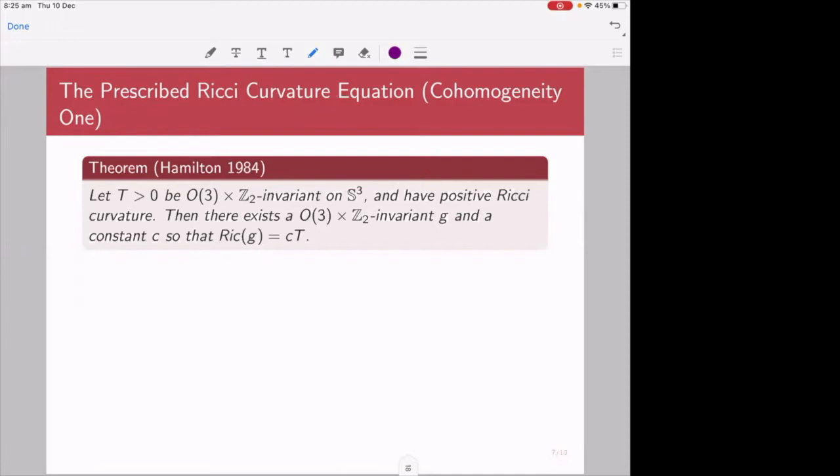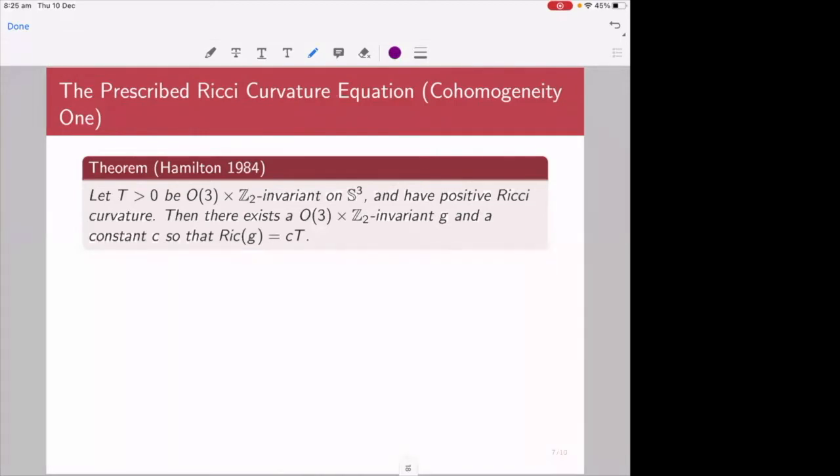What I like to focus on is the cohomogeneity-one symmetries, because in my experience you can have a lot of interesting behaviors that you wouldn't otherwise get in the homogeneous setting, and that you wouldn't really be able to study properly if you were looking at the PDE in full generality.